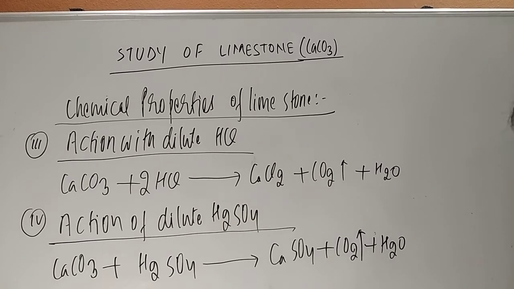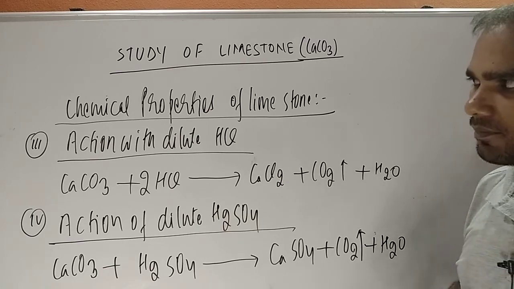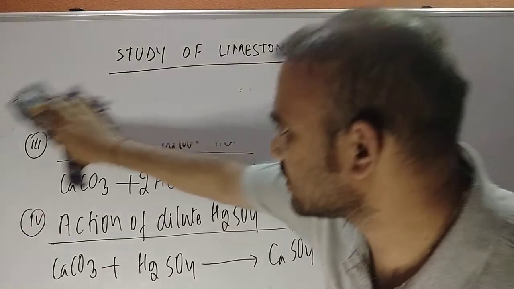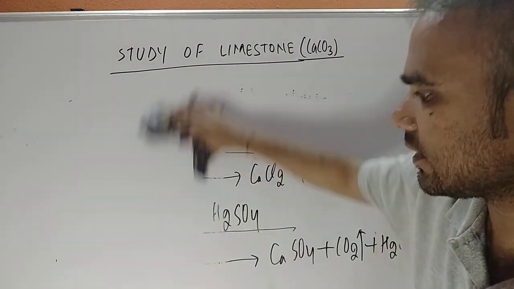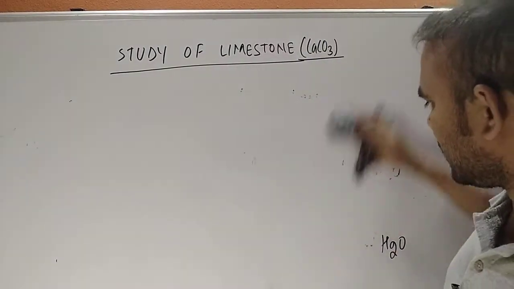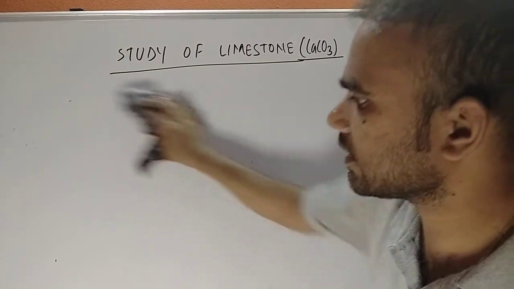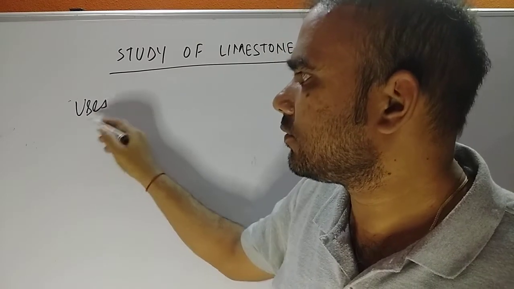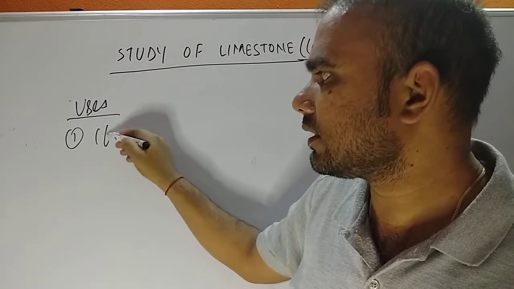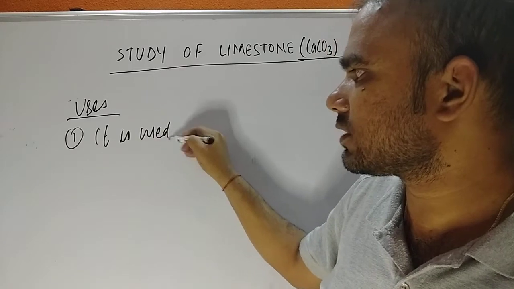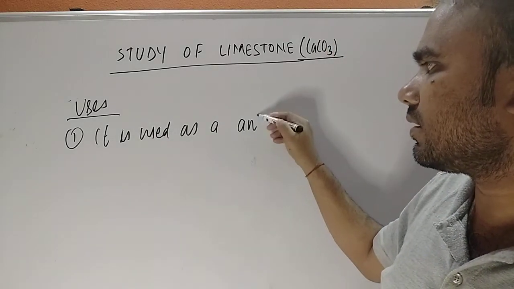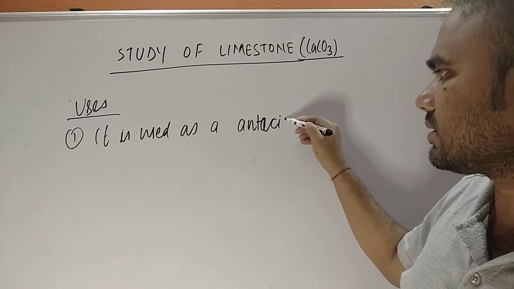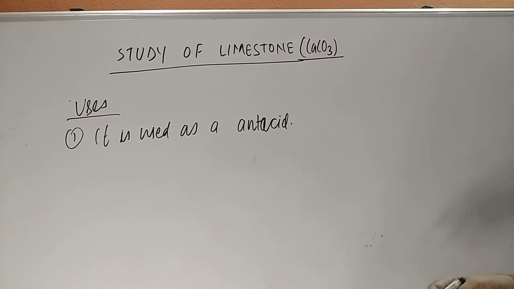Now students, we have to understand the uses of limestone. These were the chemical properties and the methods of preparation. Now let us try to understand the uses. First point, it is used as an antacid, to minimize the excess acid in the stomach.